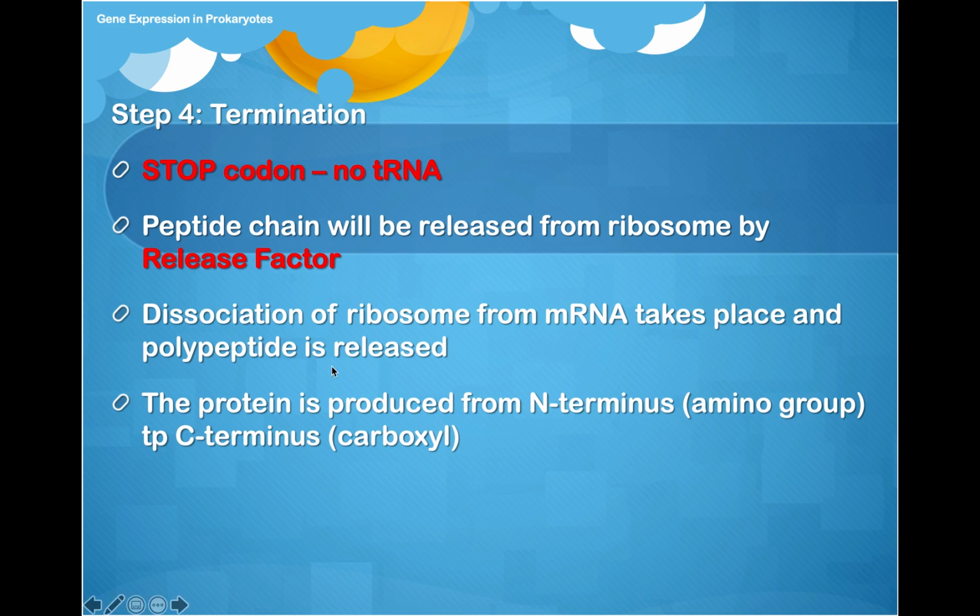Dissociation of the ribosome from the mRNA takes place, and the polypeptide, the protein chain, will be released. The protein is produced from the N terminus to the C terminus. We don't call it 5' to 3'. The N to the C terminus, N for the amino, C for the carboxyl.